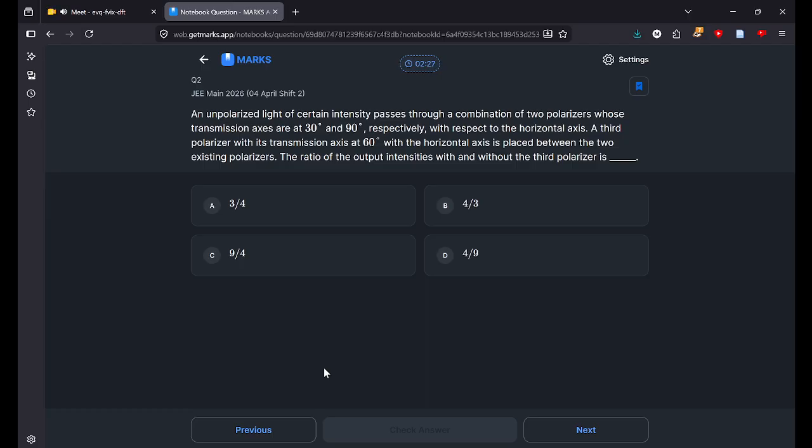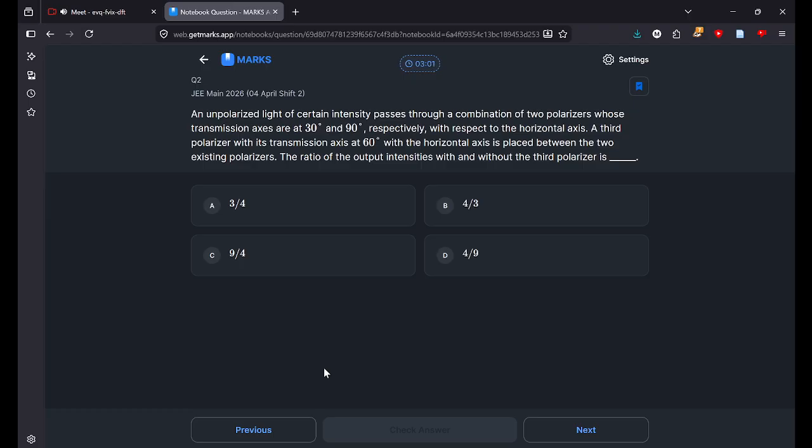P1 is making an angle 30 degree with the horizontal plane, and the third polarizer has a transmission axis which is 60 degree with respect to the horizontal axis. Now obviously the angle between both the polarizers will be 30 degree. So let me do it step by step.